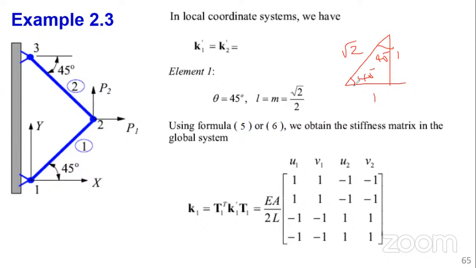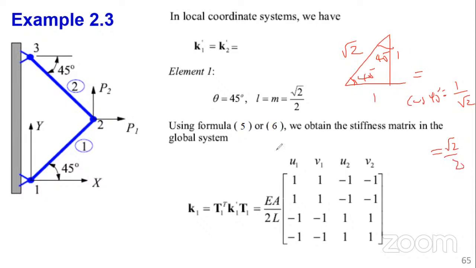So that you can get cos 45, which is equal to adjacent over hypotenuse. And then you can rationalize this. If you rationalize by multiplying by root 2, you get root 2 over 2. This is what we are obtaining.